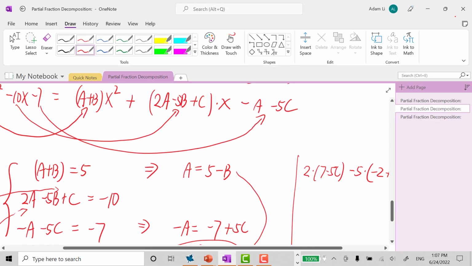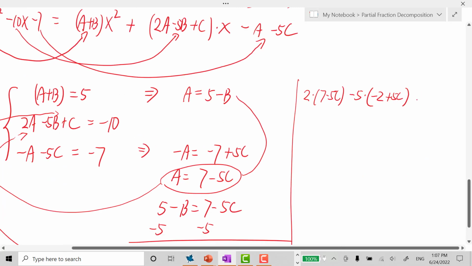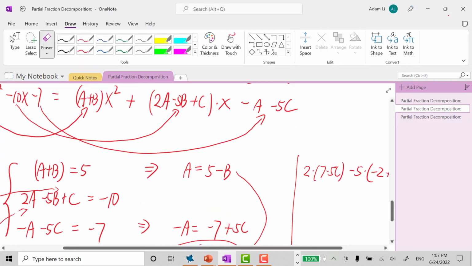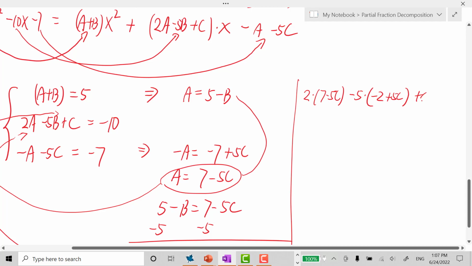Okay. That is equal to, let's distribute it. We get 14 minus 10c plus 10 minus 25c plus c equals negative 10.